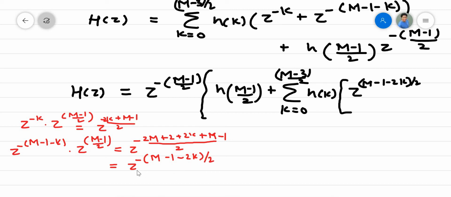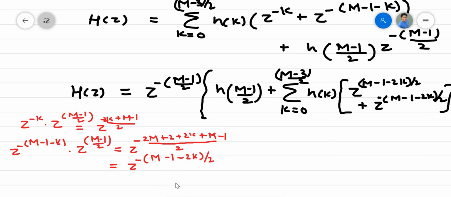So we can substitute this particular part here. So it will be plus z^(-(M minus 1 minus 2k) by 2). Okay.